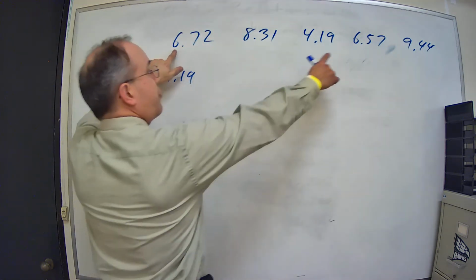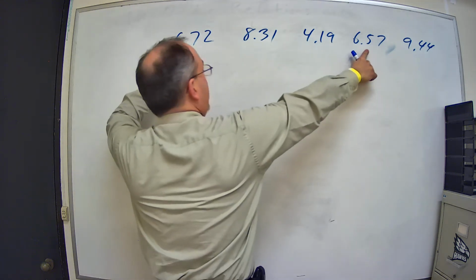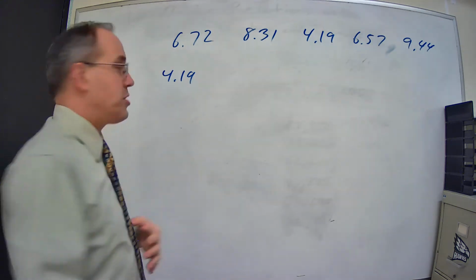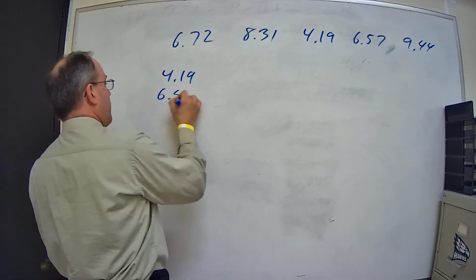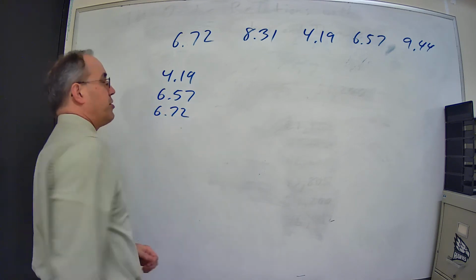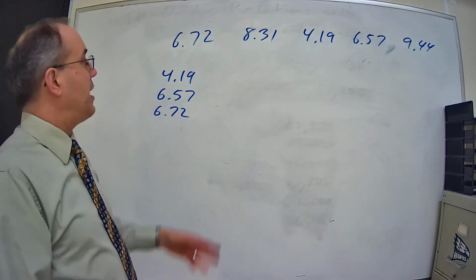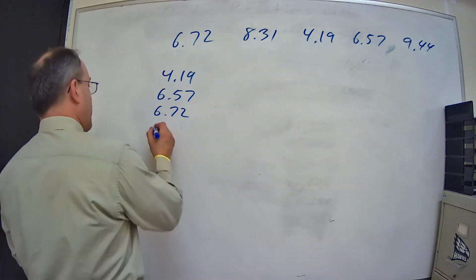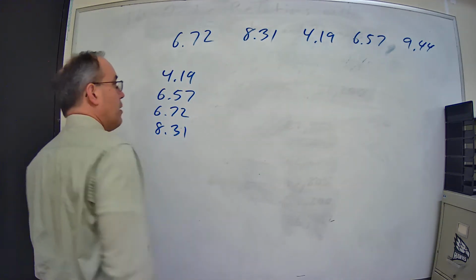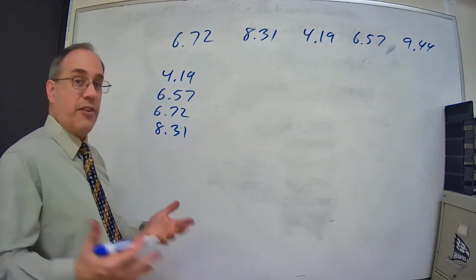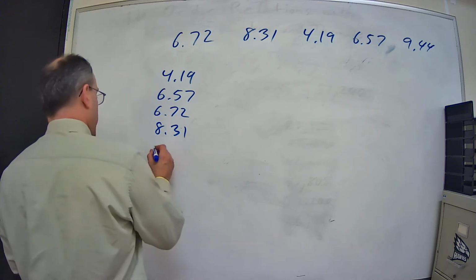So since the first digit is the same, we're going to look at the second digit, and we've got a 7 here or a 5 here. 5 is smaller, so 6.57, and then 6.72. Then we're going to look at the next one. We've got 8 and 9, so 8, 8.31. And then, last but not least, in fact, last and greatest, 9.44.